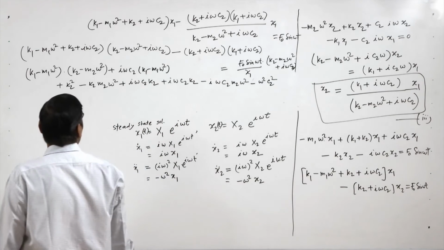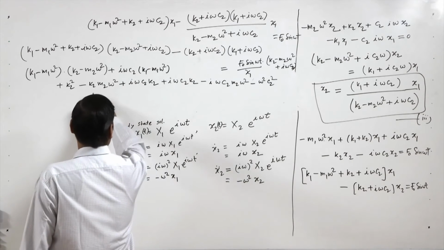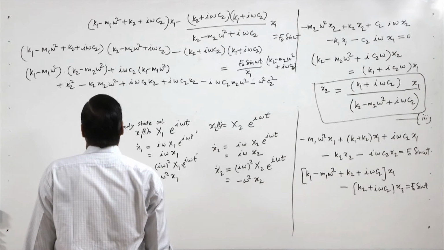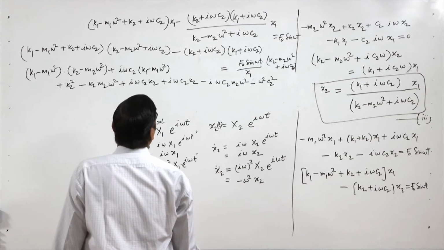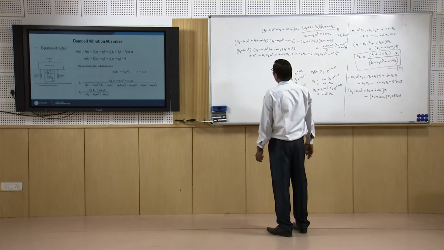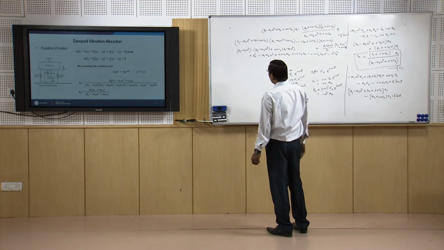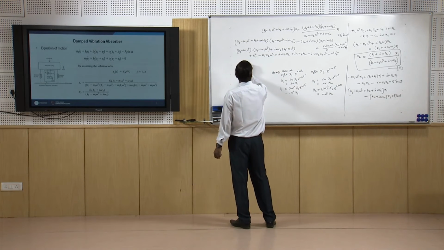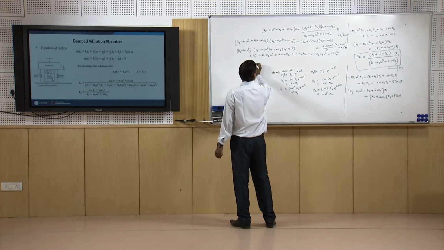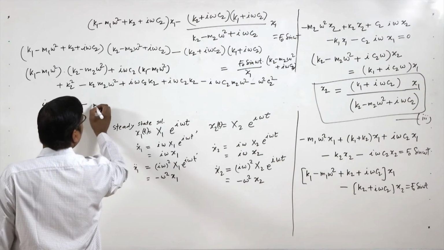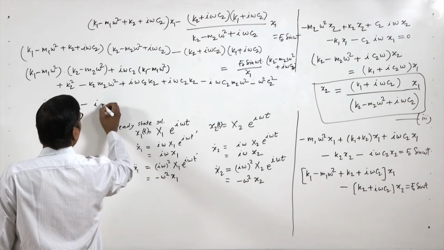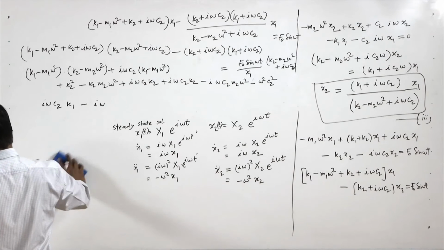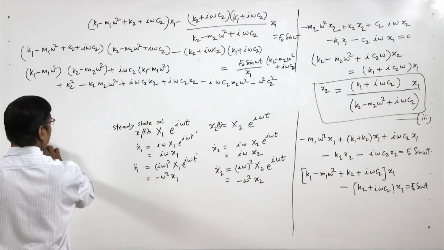Now we can open this one. So we can open this. So I omega c2 k1 minus I omega. So we can collect the I omega c2 terms here.